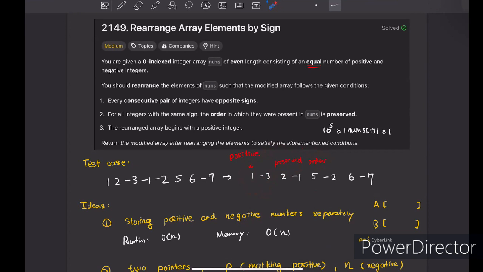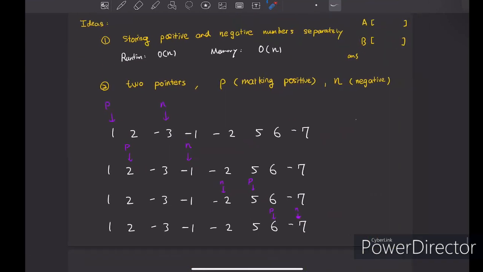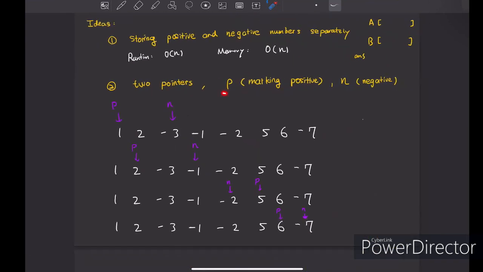To achieve this, we use the two pointers technique. We use one pointer called P for positive numbers and N for negative numbers. To initialize, we go through the array and mark the first positive and the first negative number.